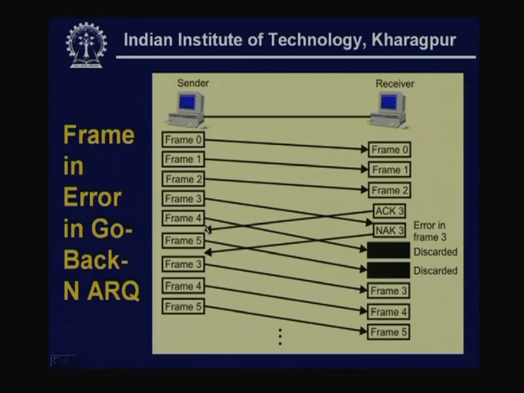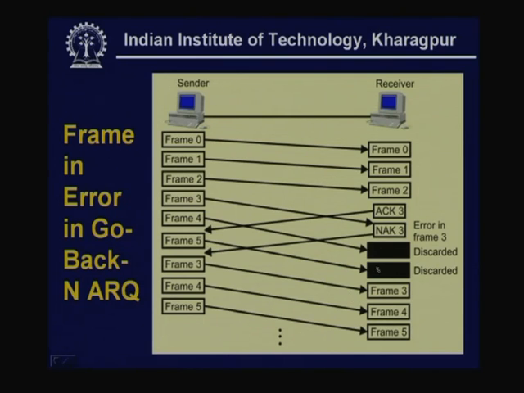Now, the transmitter is keeping on sending 3, then it is sending 4, then it is sending 5. Unfortunately, the frame 3 has reached with error, and as a result the receiver sends a negative acknowledgement NAK 3, and at the same time it discards the frame 4 and frame 5.